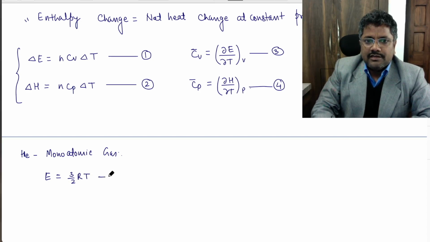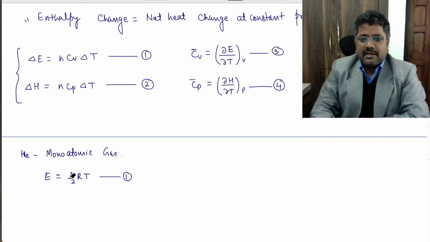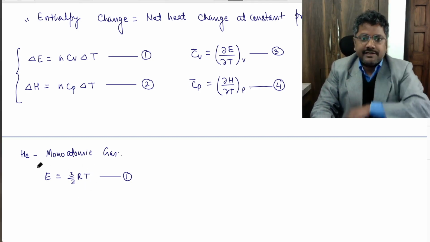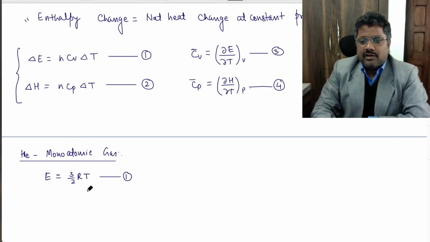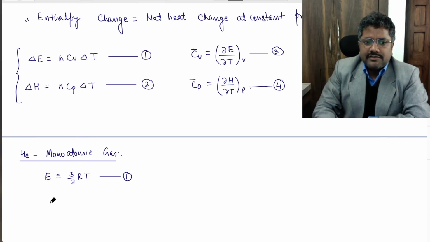All of you know 3 is the translational degrees of freedom, and per degree of freedom half RT energy is associated. So for helium, or any monoatomic gas, the total energy is equal to this. So what is Cv? You divide this by T. So Cv is equal to 3 by 2 R per mole.